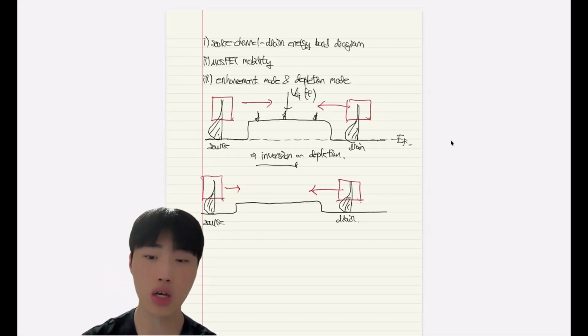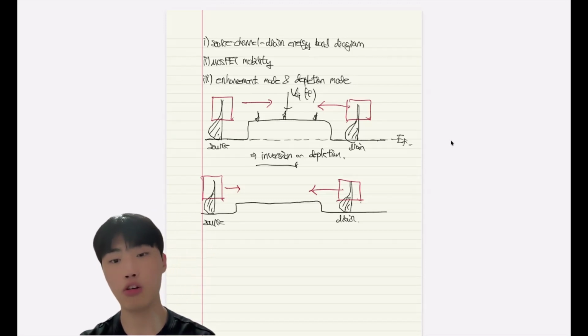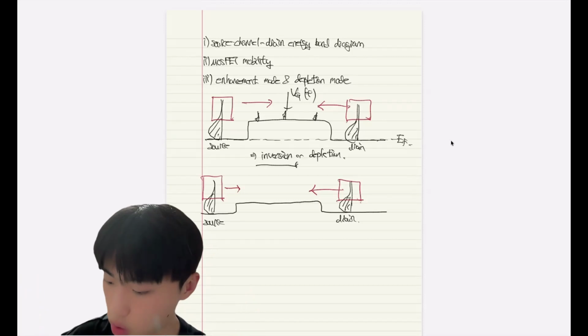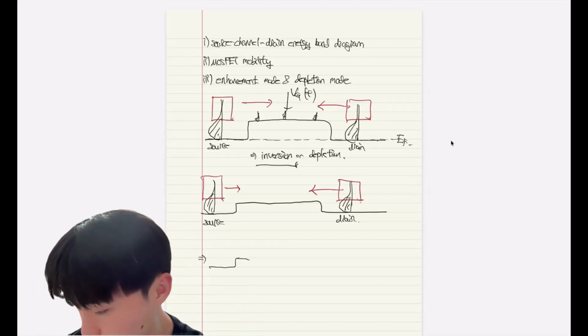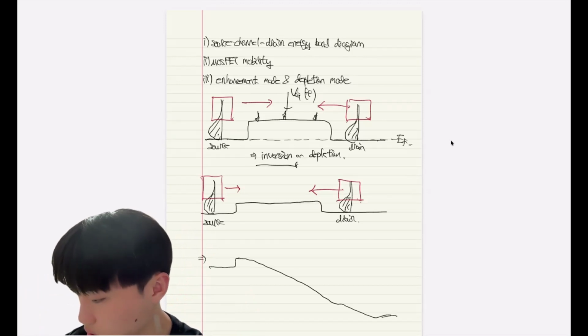As I mentioned, when we have some positive bias on the energy band diagram, the energy band diagram goes lower. So the energy band diagram will be like this.